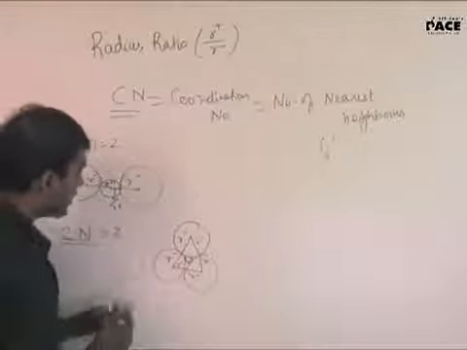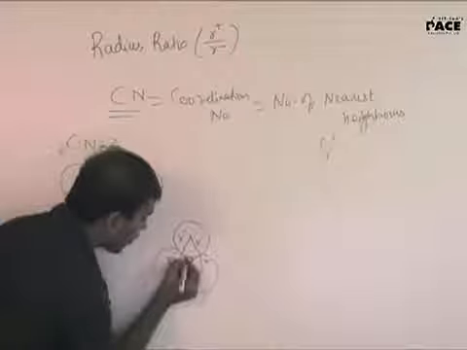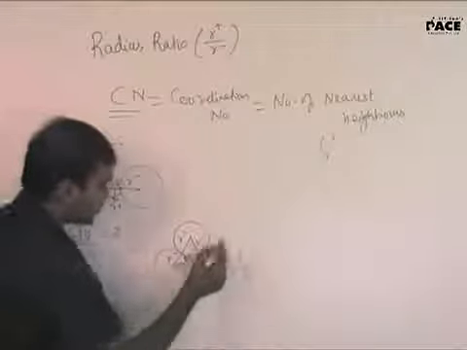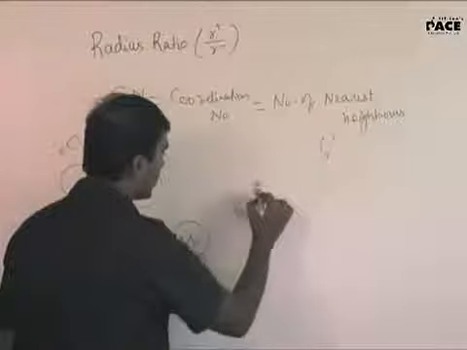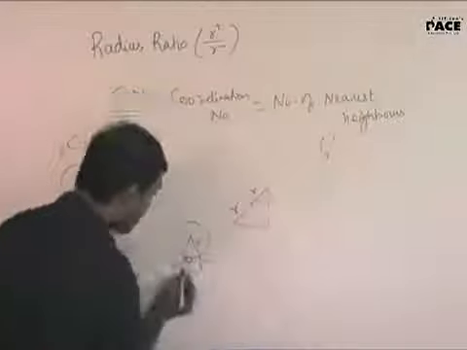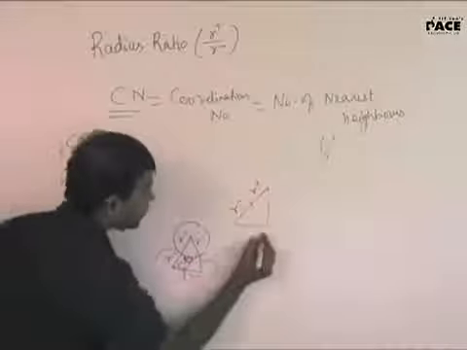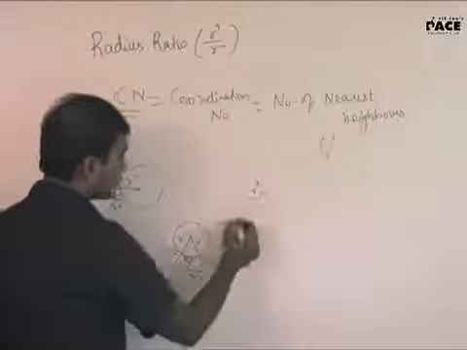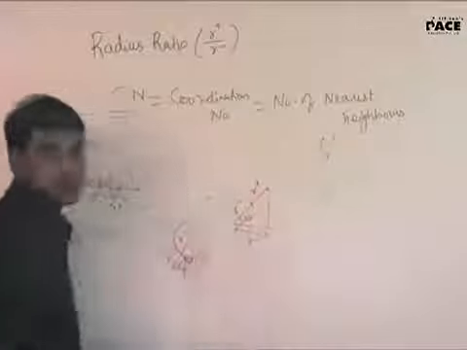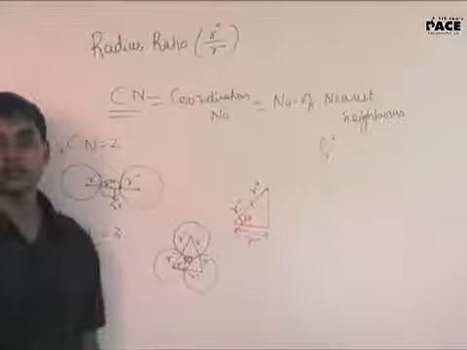If I say the radius of this cation is r plus, and I draw the triangle like this, if this is r minus, this is r plus, what is this distance? R minus, and what is this angle? 30 degrees. Are we clear?